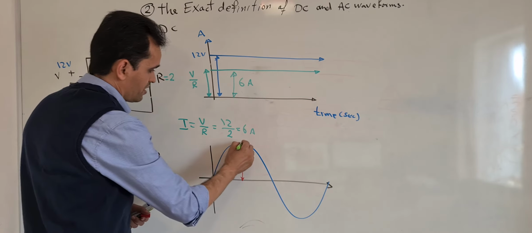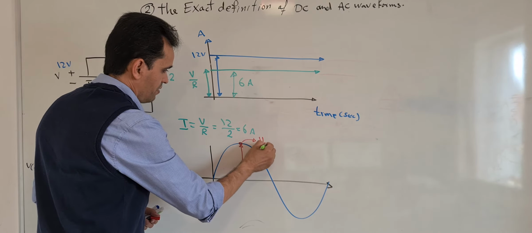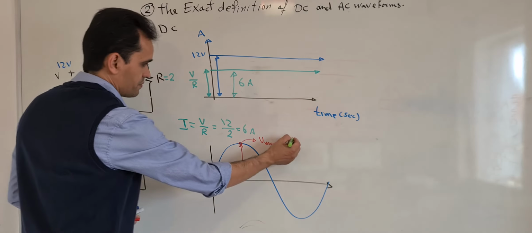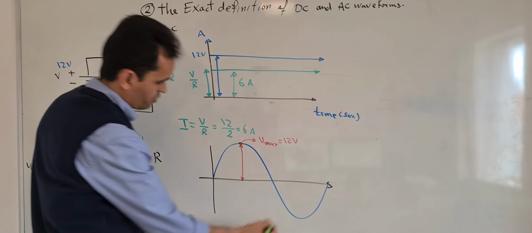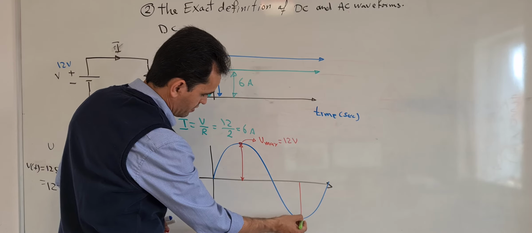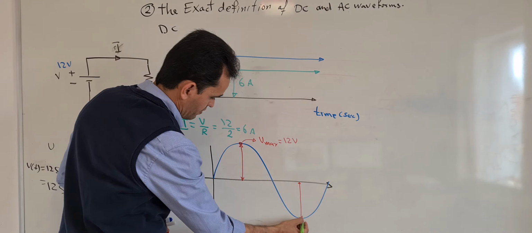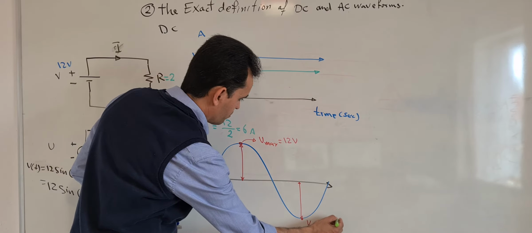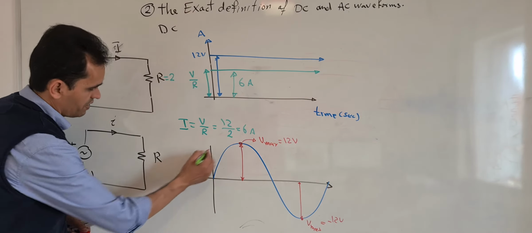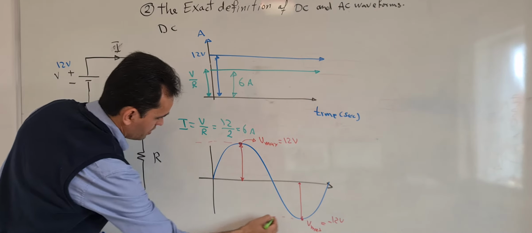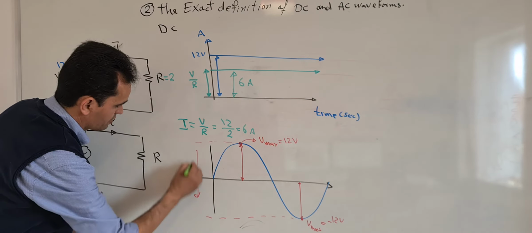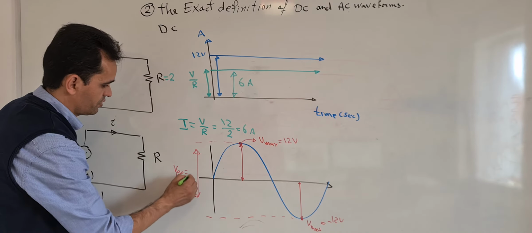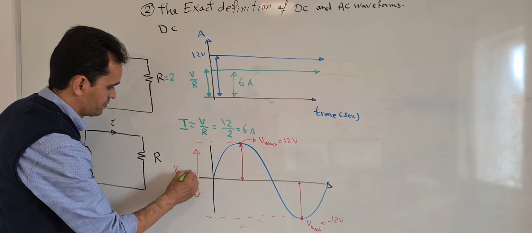We will see we have a maximum value V max, which equals 12 volt, and also we have another V max in the opposite direction, which equals minus 12 volt, and we have another value here, we call it V peak to peak, which equals 42 volt.